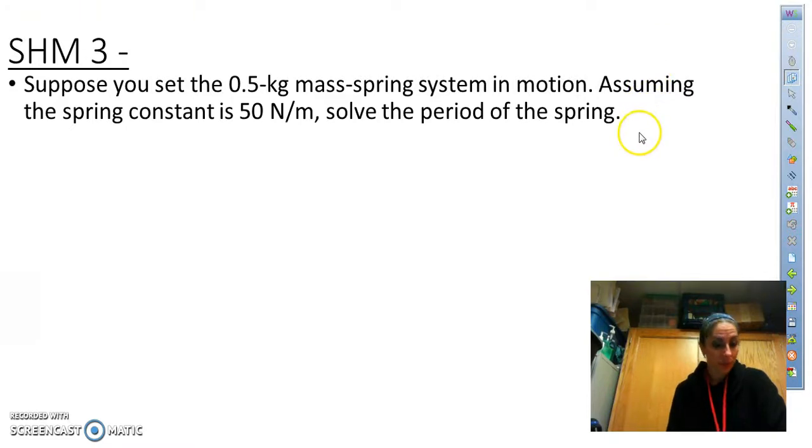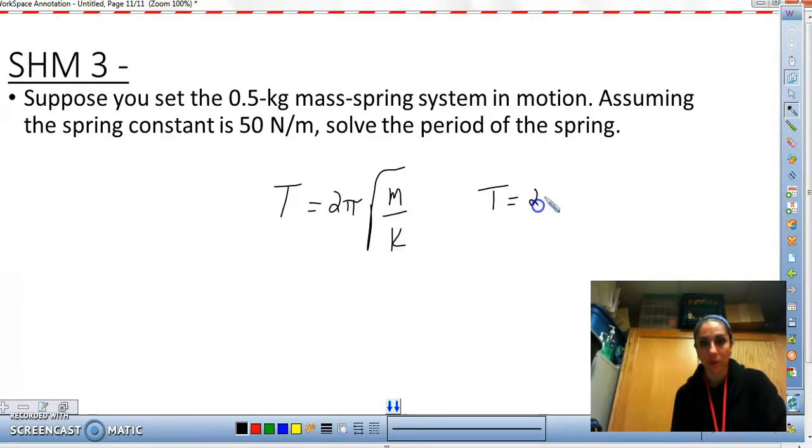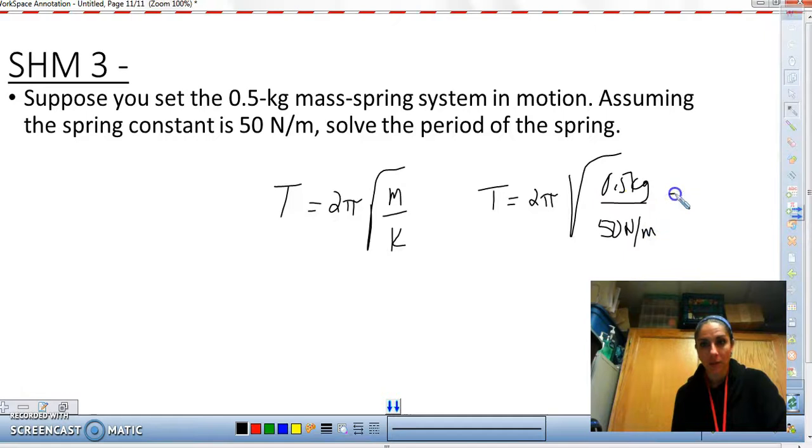Okay, so in this problem, we're looking for the period of the spring. So they gave us all the information, so the one that I like to use is the spring period equation. T equals 2 pi square root of M over K, just like that. So the period of the spring is going to be 2 pi square root of the mass, 0.5, divided by 50, like that.